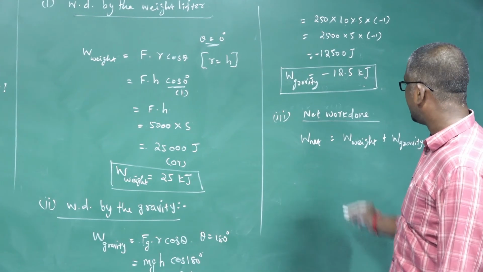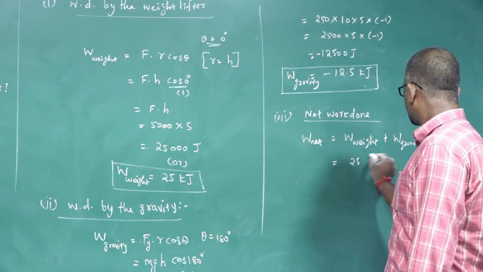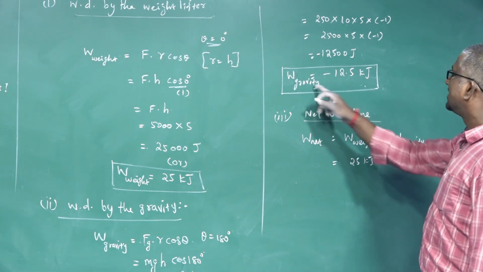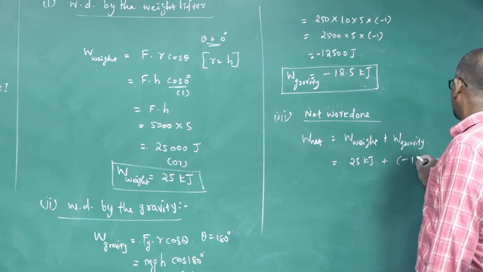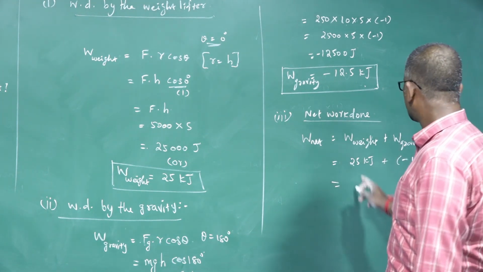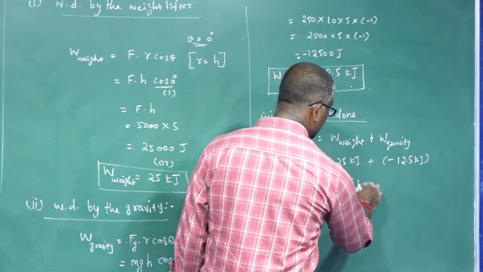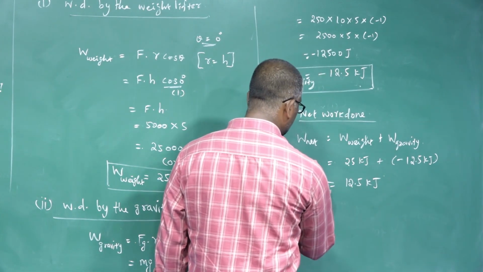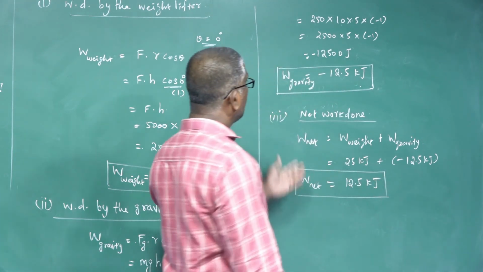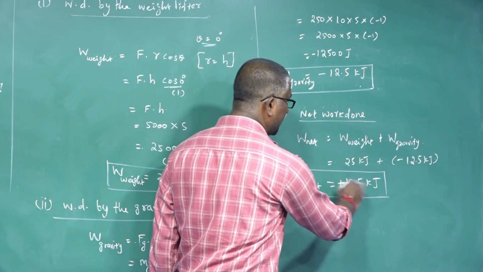Work done by the weightlifter is 25 kilojoule plus work done by the gravity is minus 12.5 kilojoule. So 25 kilojoule minus 12.5 kilojoule is 12.5 kilojoule. So this is net work done by both weightlifter and gravity on the object, plus 12.5 kilojoule.